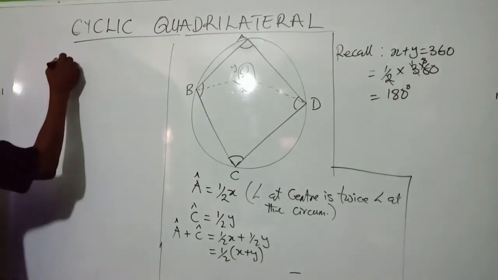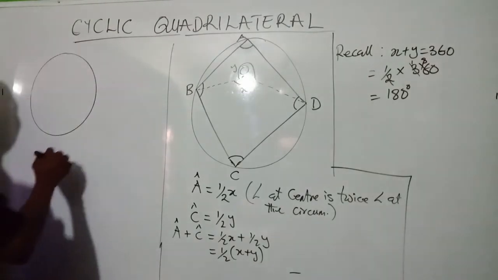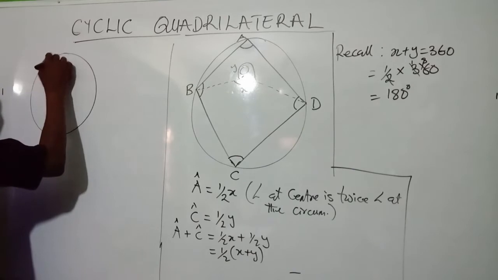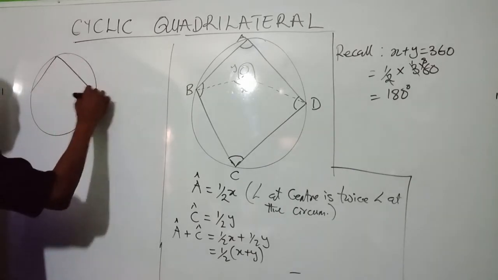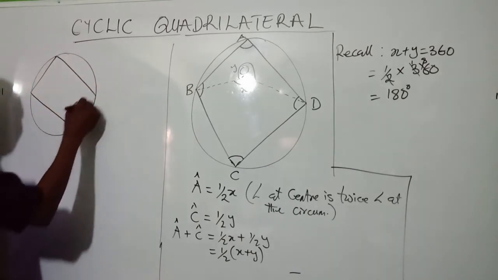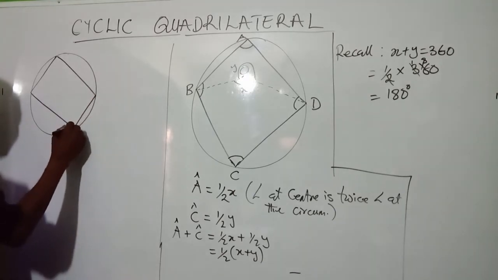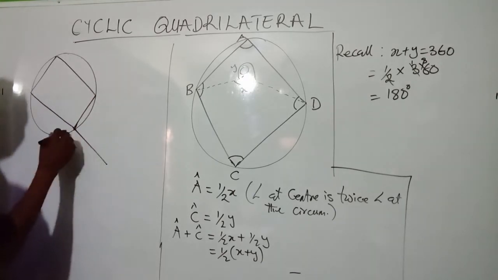Now, assuming we have a cyclic quadrilateral again, say like this. Then we have a side extended like this.